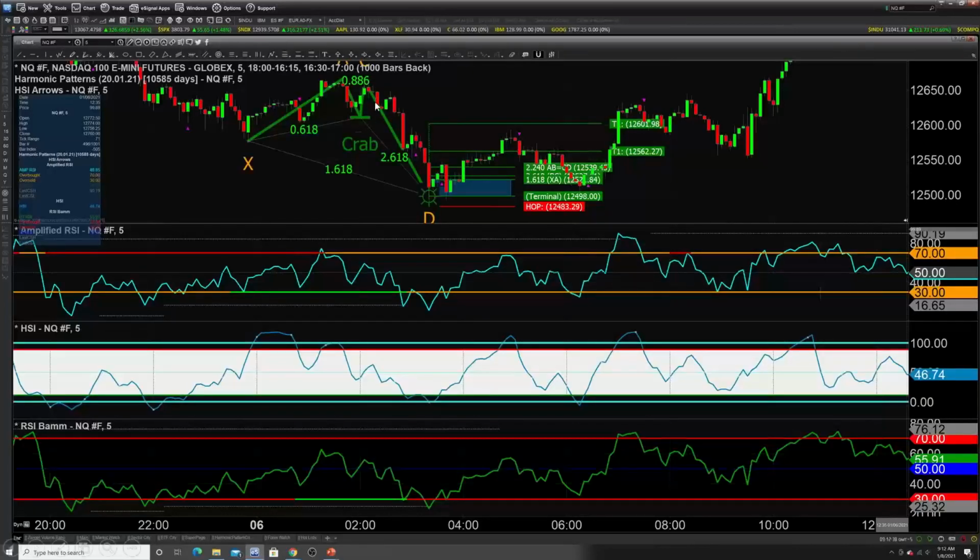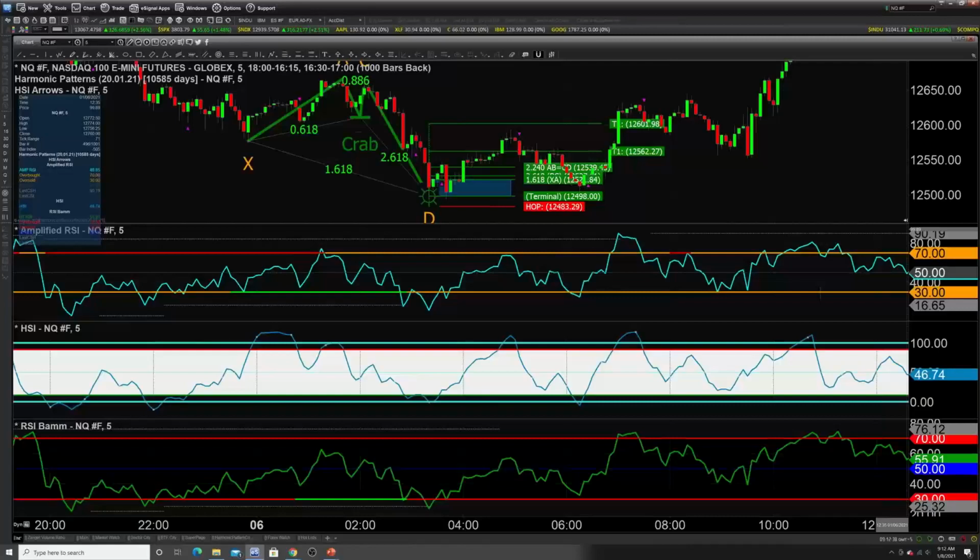Yes, we could be getting close as we're getting down here, and there could be some other things going on, but by definition, until we break that B point, we don't have a verified structure. But once we do, then we can make our projections. So trade identification really does not start until that B point in the CD leg has been violated.